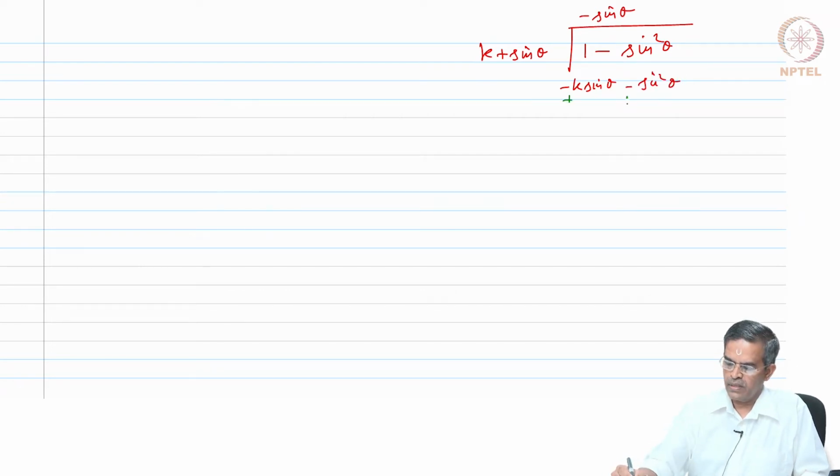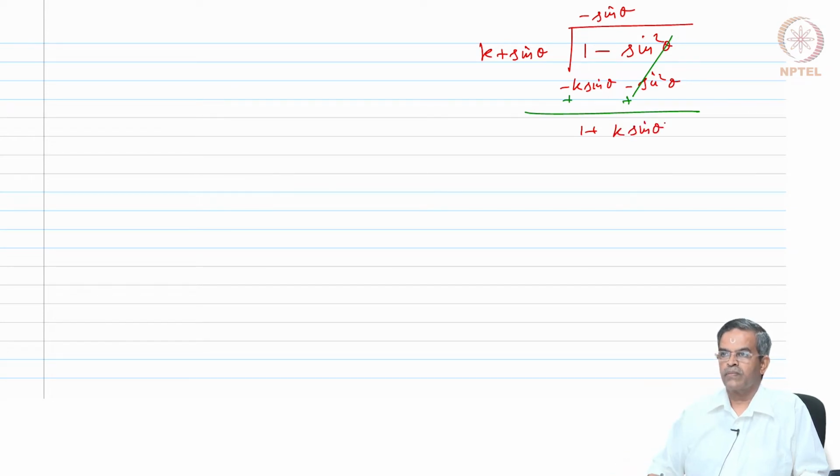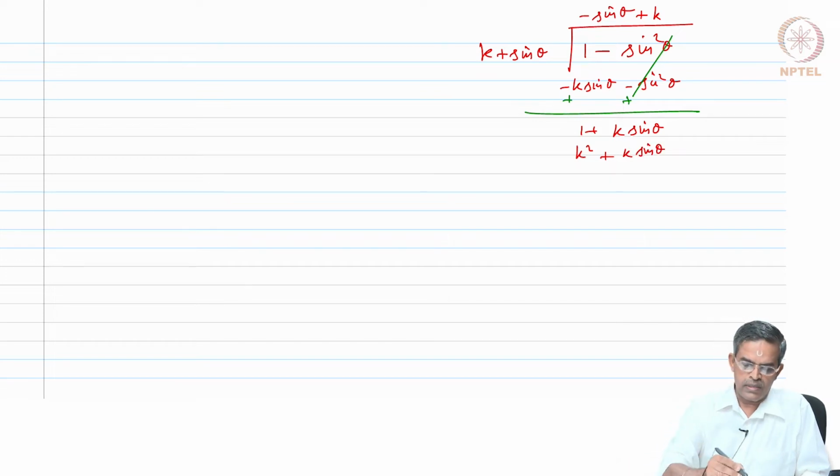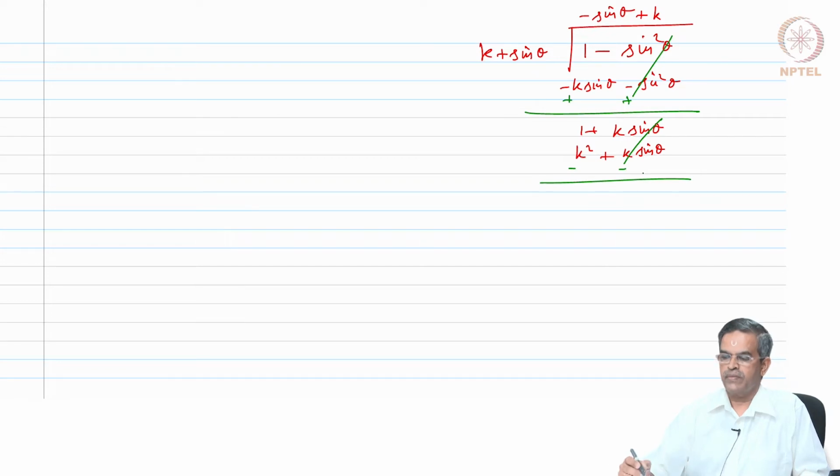I change the sign, this goes away, then I get 1 plus k sin theta. Okay. So, I should say plus k times, so I should say k square plus k sin theta. I change the sign again, so this goes away.